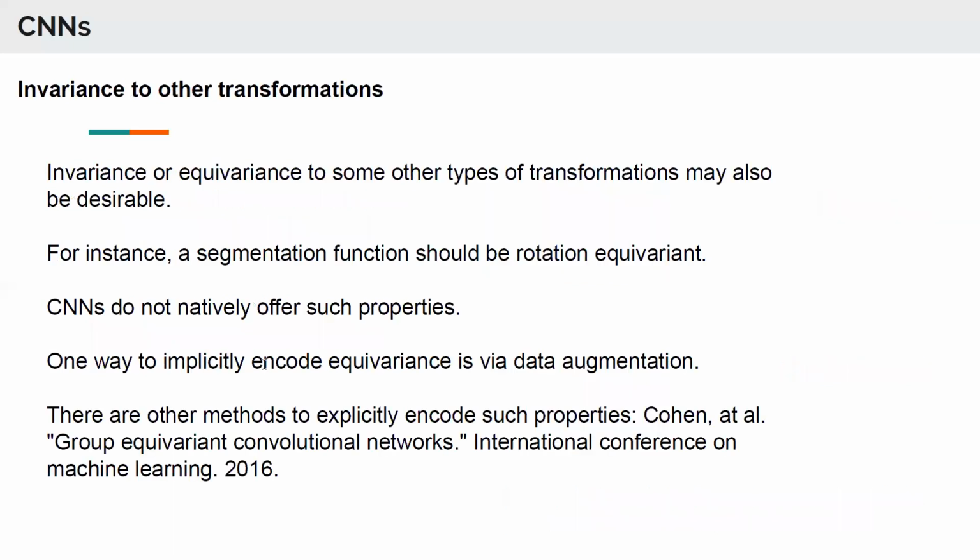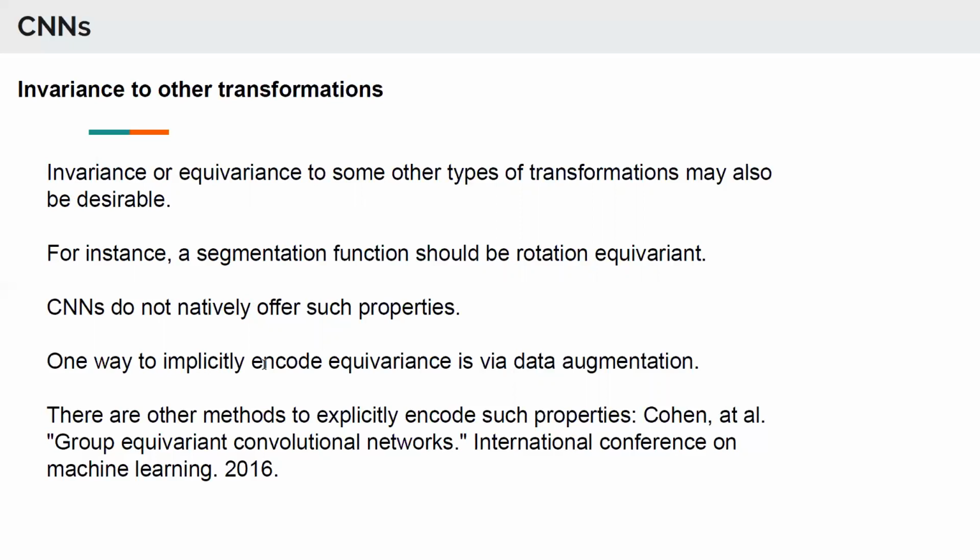So now we only talked about equivariance and invariance to translations, but it might also be desirable to have equivariance and invariance to other forms of transformations.